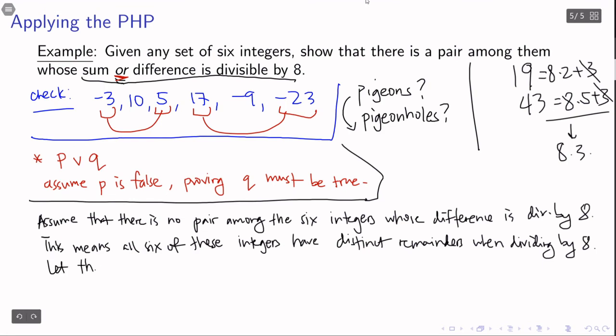So let these 6 integers be my pigeons. My handwriting is really bad here. Let these 6 integers be my pigeons and assign them to these pigeonholes.